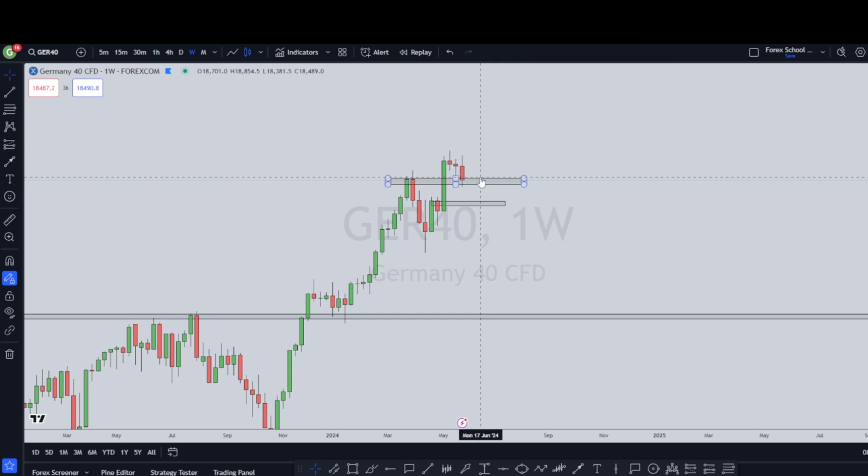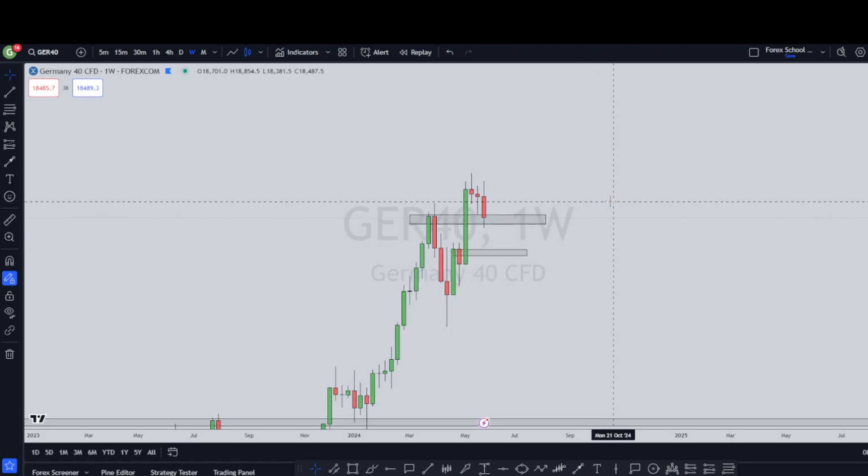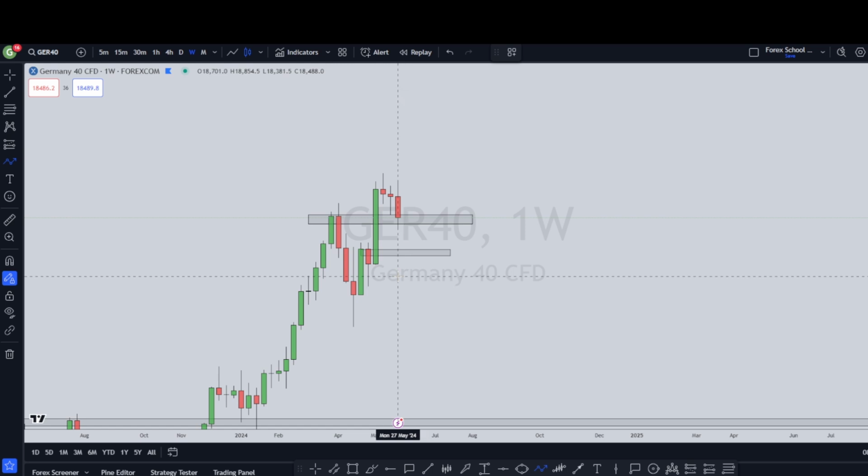Like we've already said, the market does not move in one direction, but it moves in waves. It moves forming higher highs and higher lows in an uptrending market, and lower lows and lower highs in a downtrending market. What we saw here was an impulsive move to the upside, and currently we are experiencing a correction.